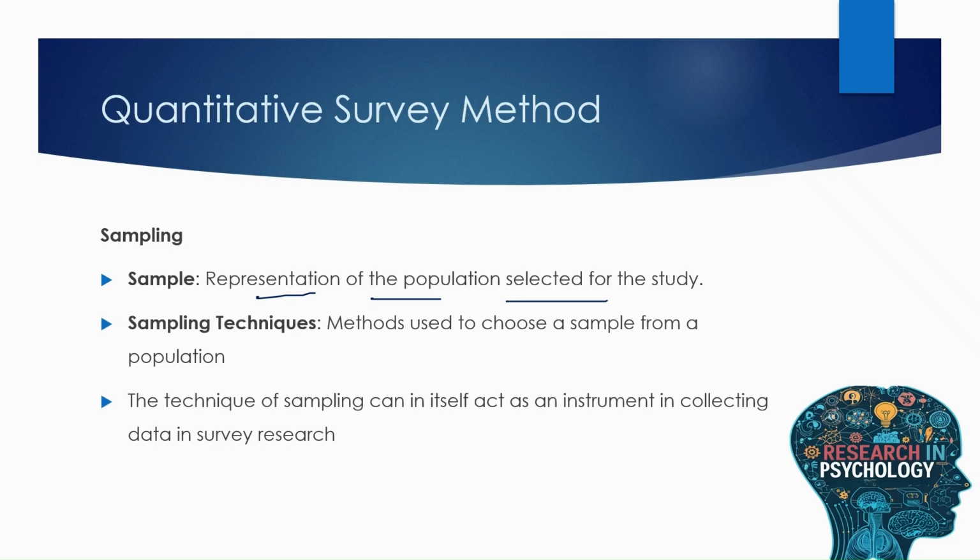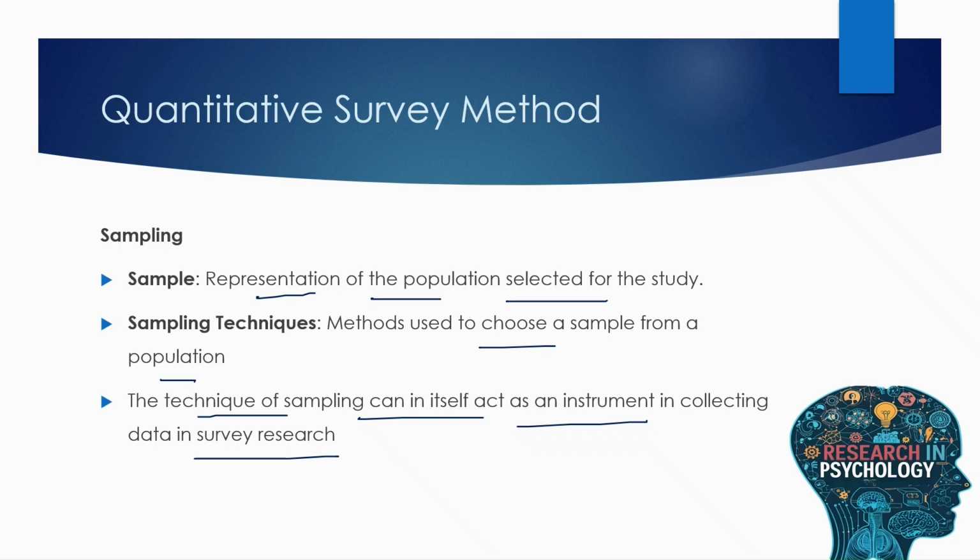And what are sampling techniques? These are methods used to choose a sample from a population. The technique of sampling itself can act as an instrument in collecting data in a survey research. While you are selecting a sample, you will be asking certain questions or collecting certain data to make sure that the people you are choosing as a sample actually are a true representation of the population.